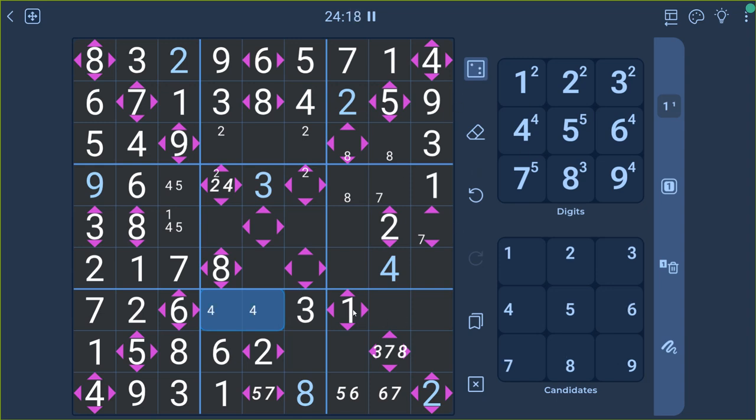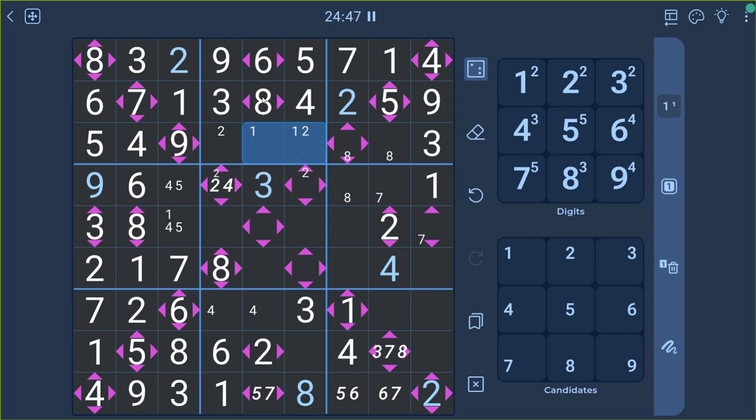One of those is a 4. That's the only place for a 4 in box 9. 4 can go in any of those places. Okay, what's left here?